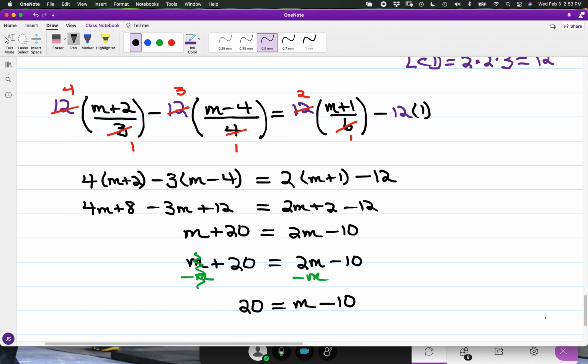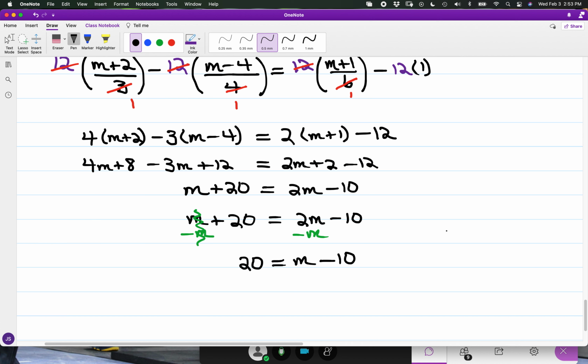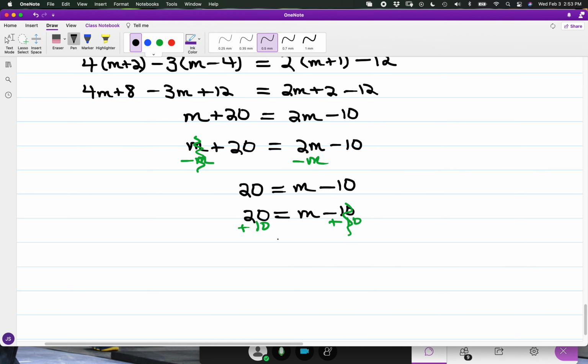And so for the isolated variable, I can step away from having to multiply or divide by a negative. Okay, so we have 20 is equal to m minus 10. For isolating m, just add 10 to both sides. And we have that 30 is equal to m. And equivalently, the solution in m is equal to 30.